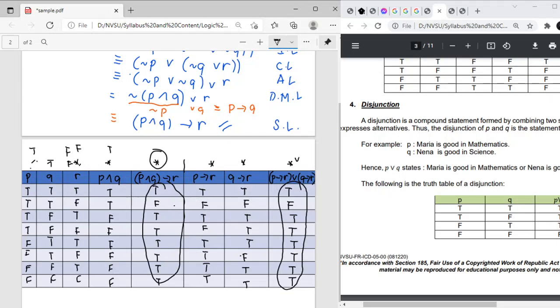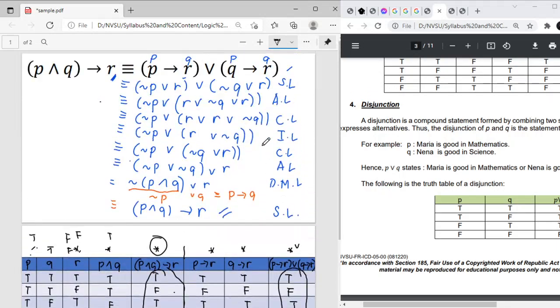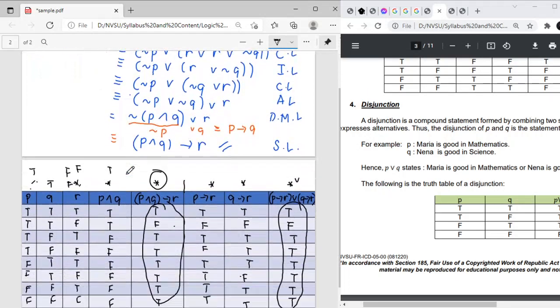So that is how we can verify whether two statements are logically equivalent. So that is, in your activity, you don't have to show the truth value. You can just make use of the different laws presented in the first module. And if it is not possible that you can transform one statement to be the same with that of the other, you can make use of the truth table. I hope that this helped.